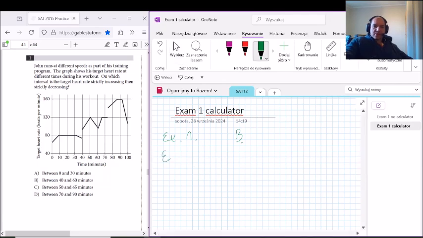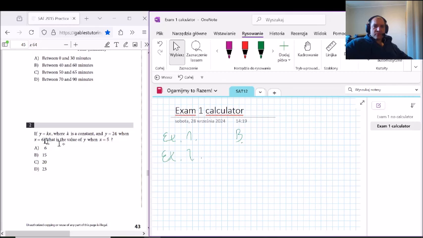Okay, so now exercise 2. Let's check. If y equals k times x, where k is a constant and y equals 24 when x equals 6, what is the value of y when x equals 5? Okay, so we can write an equation here.